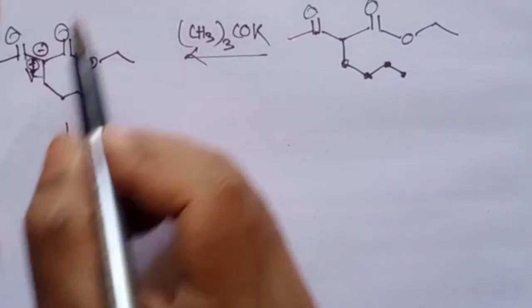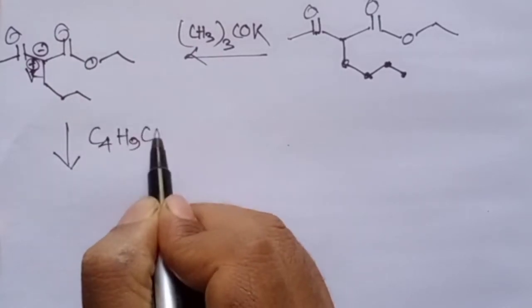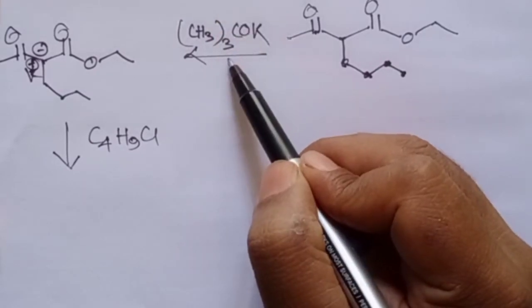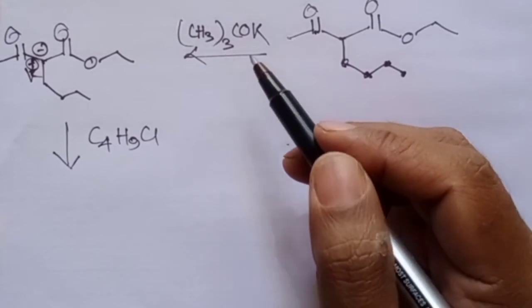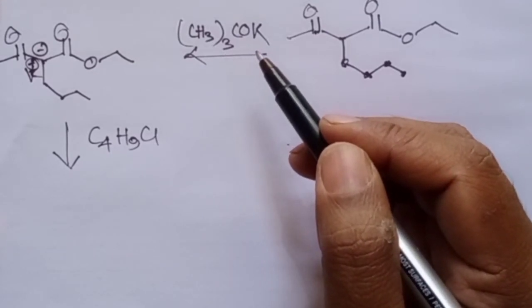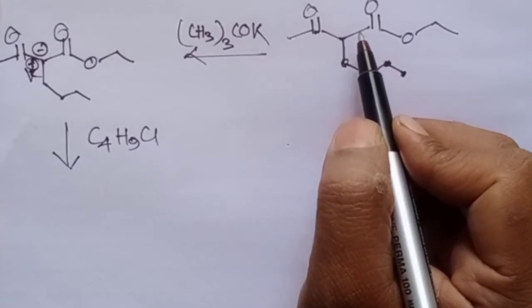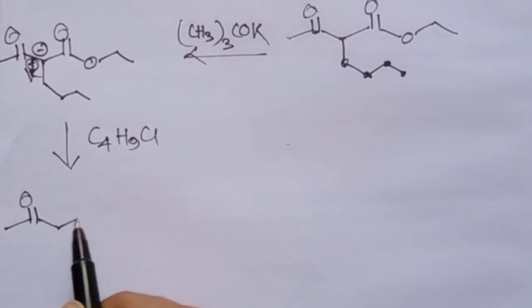And on applying 3-butyl, again C4H9Cl. You can use the same base component, sodium ethoxide, but sometimes it is preferred to use stronger bases since it is hard to remove the acidic proton. So here is the product.